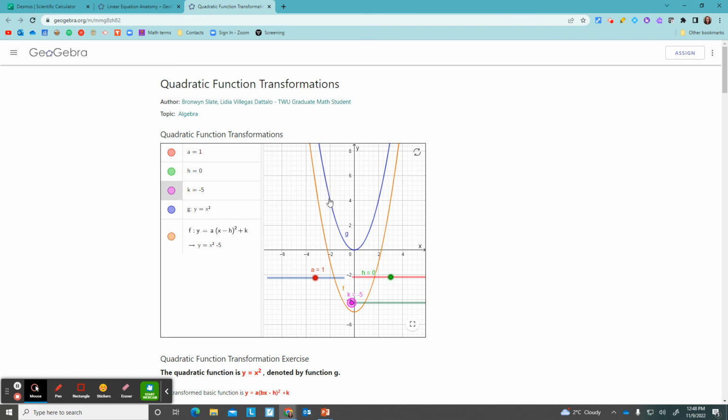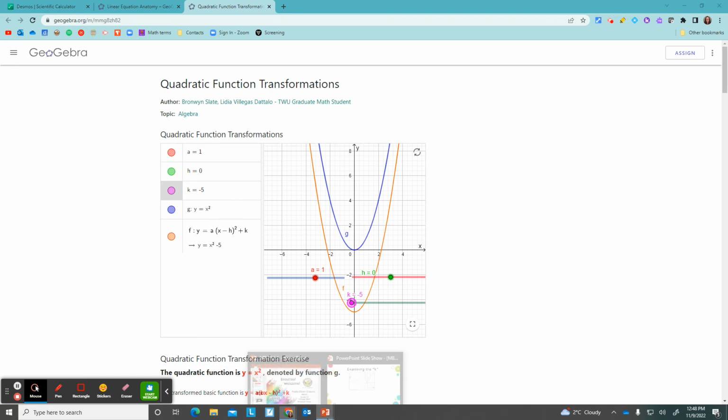So here, instead of being at 4, it's shifted all the way down and now it's at -1. So every single one of our parabola points has been moved down 5. So our formula is y equals x squared minus 5. So our k value is -5 and our parabola moves down 5 units.